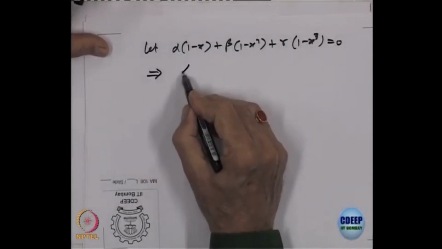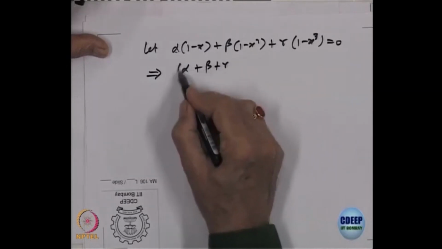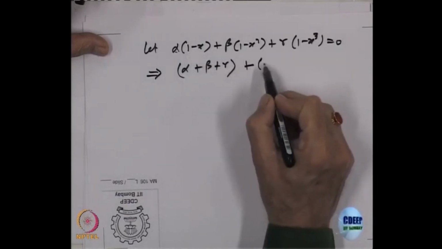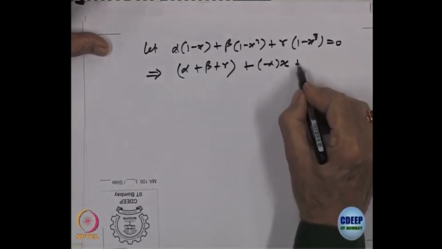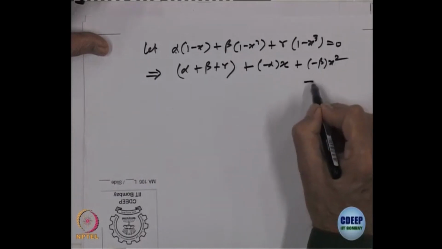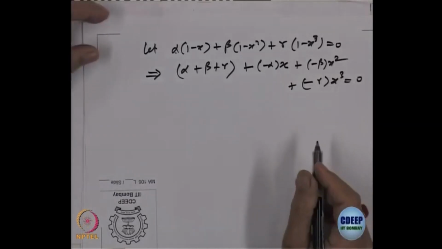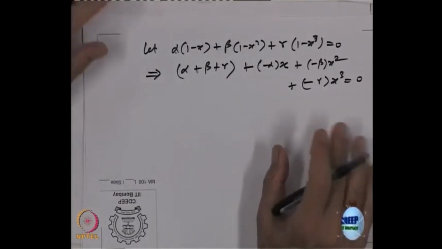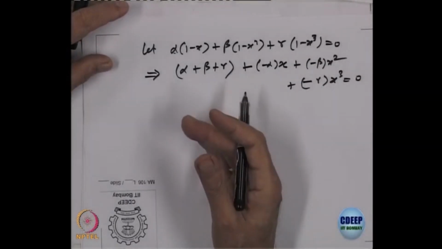This will be alpha plus beta plus gamma, that is the constant part of the left hand side, plus minus alpha x, there is no x here, okay, plus minus beta times x square minus gamma times x cube equal to 0. What I have done is I just expressed the left hand side as a polynomial, nothing more than that, because one polynomial equal to the 0 polynomial, I have to see what the coefficients of the left hand side are.